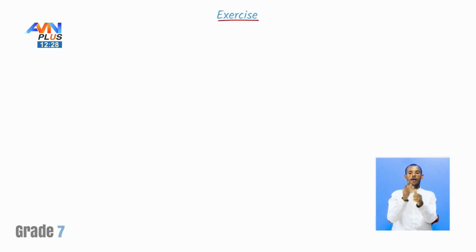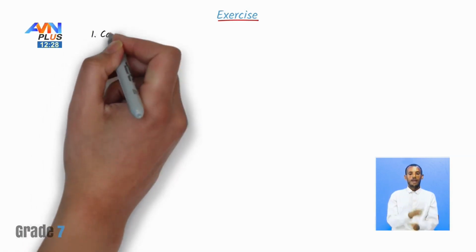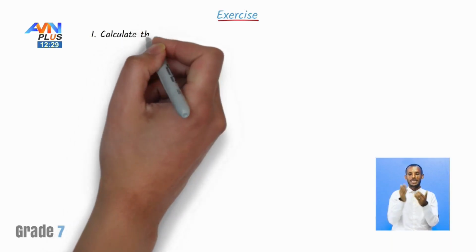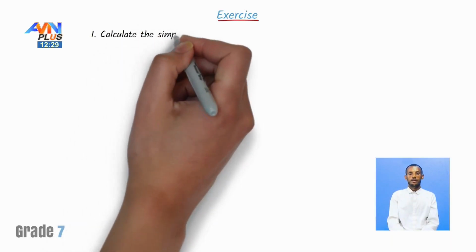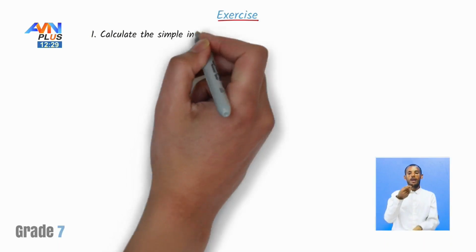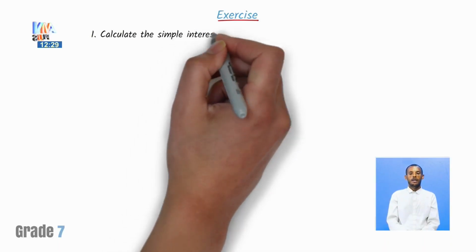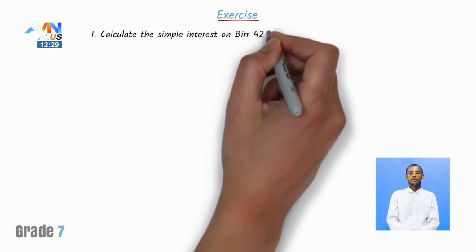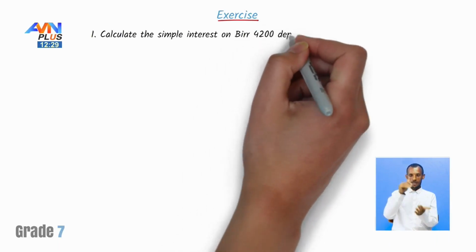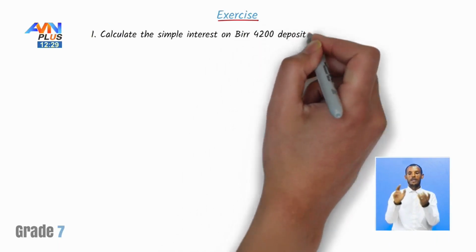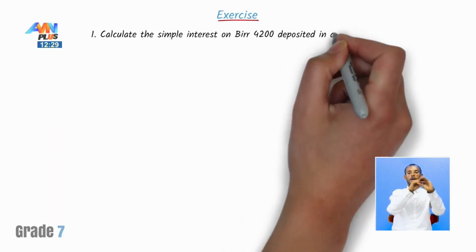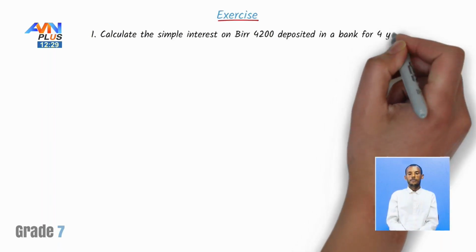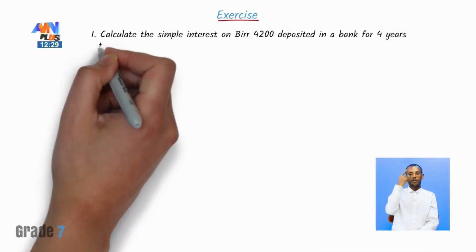Calculate the simple interest on birr 4,200 deposited in a bank for 4 years.